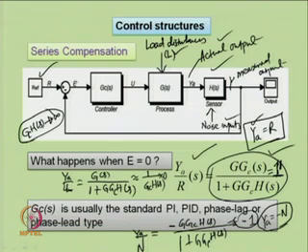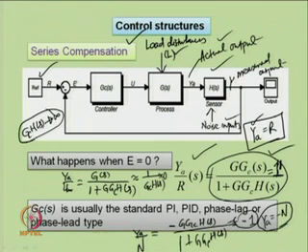So, some trade off has to be made to design a proper controller such that not only is the set point tracking made, a proper tracking system designed, but also all the disturbances are suppressed as much as possible. That is the design objective of a closed loop control system. So, this is the series compensation system, one of the control structures.